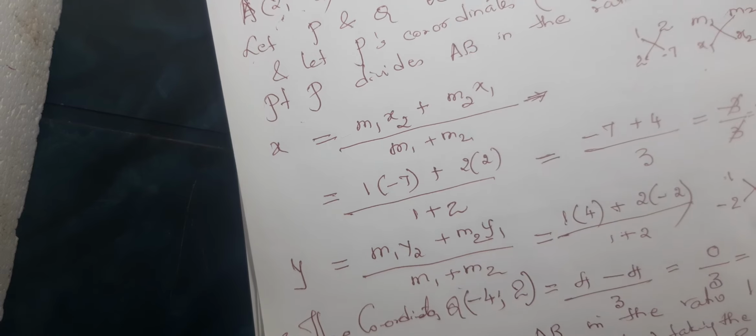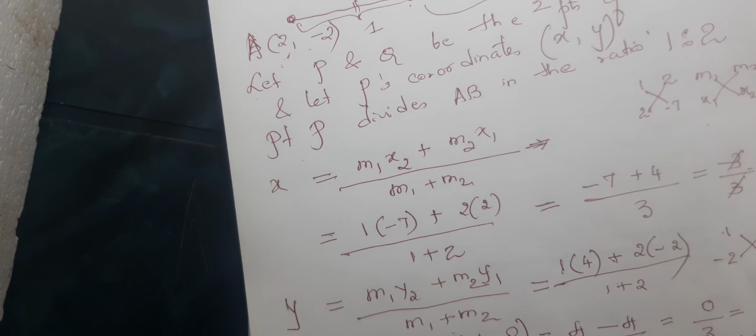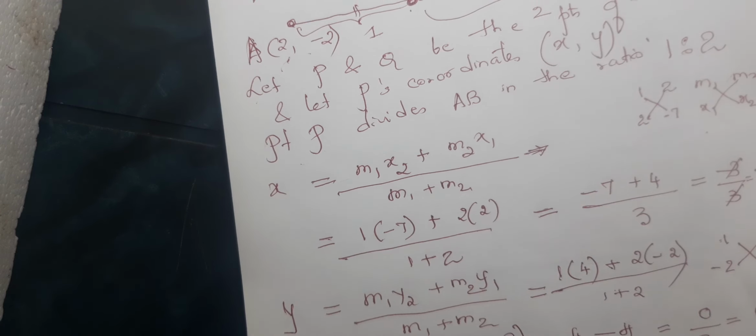Then comes next sum, example 9. So finally, what are the coordinates of the points of trisection of the line segment joining A and B? They are minus 1, 0 and minus 4, 2. Same thing what I explained, it is given in the note.